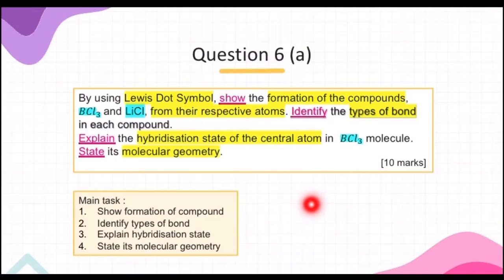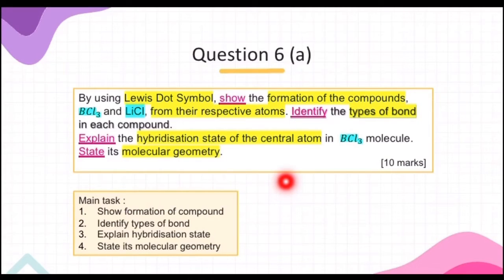6A. By using Lewis dot symbol, show the formation of the compounds boron trichloride and lithium chloride from their respective atom. Identify the type of bond in each compound. Explain the hybridization state of the central atom in boron trichloride molecule. State its molecular geometry.